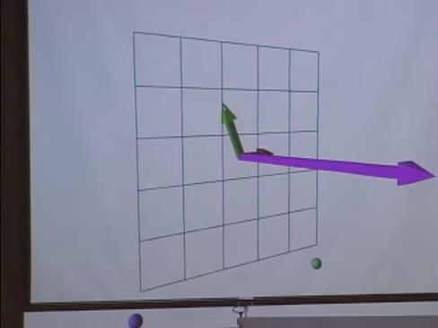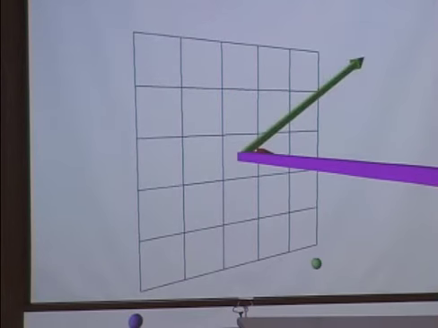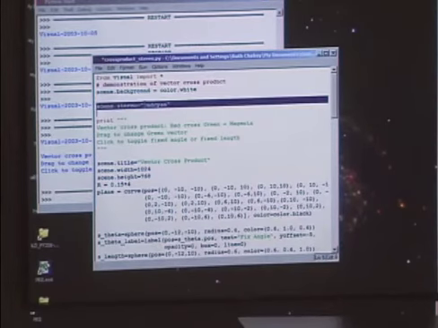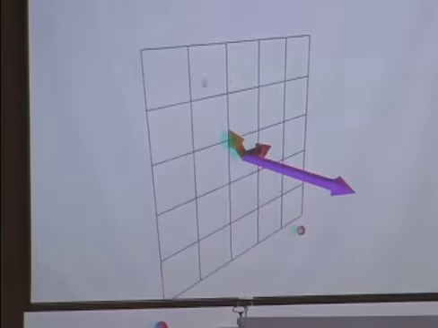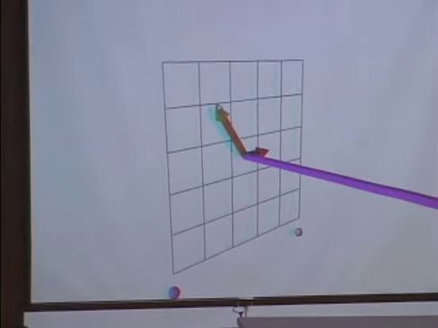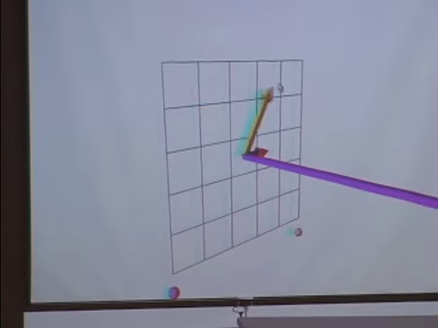Now we can do this one in stereo too, just for the heck of it. So let's do that in stereo. We've got the green vector here cross the red vector.